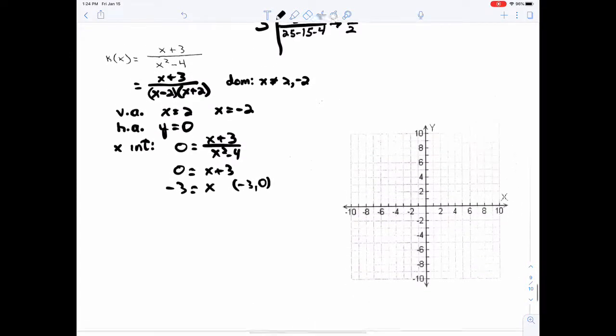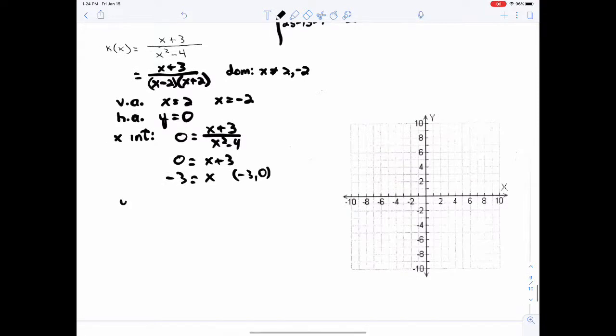Okay, and then the y-intercept, if you plug in 0 for x, you're going to get 3 over negative 4. And we'll see, we may or may not need your unlimited xy table there.